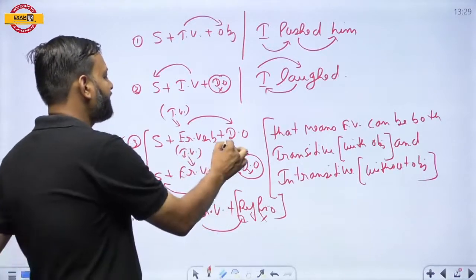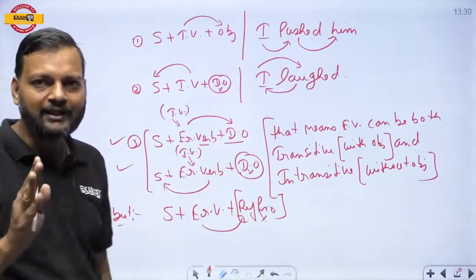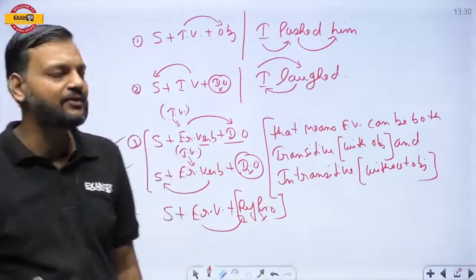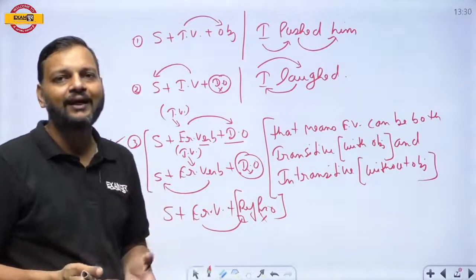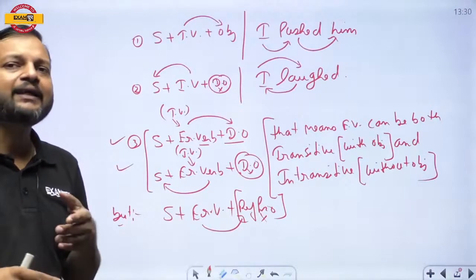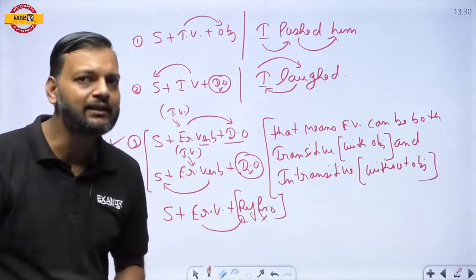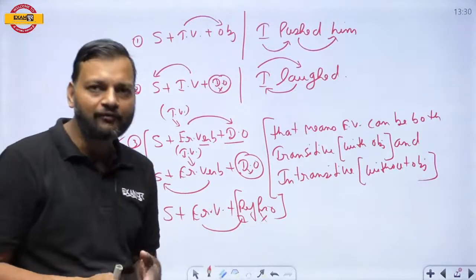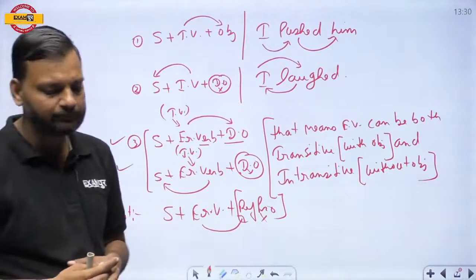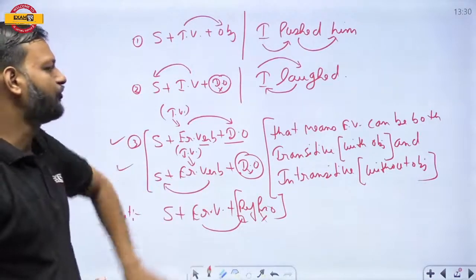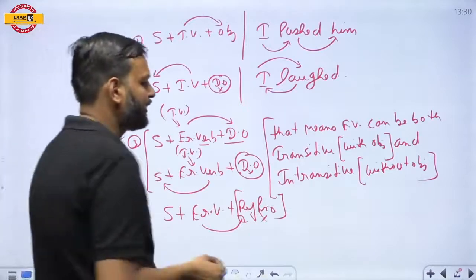So with a direct object, an ergative verb is transitive, and without a direct object, an ergative verb is intransitive. And since an ergative verb is intransitive without an object, it does not require any reflexive pronoun, because a reflexive pronoun can only be used after a transitive verb. So this is the concept. That's why you cannot use reflexive pronouns after ergative verbs.